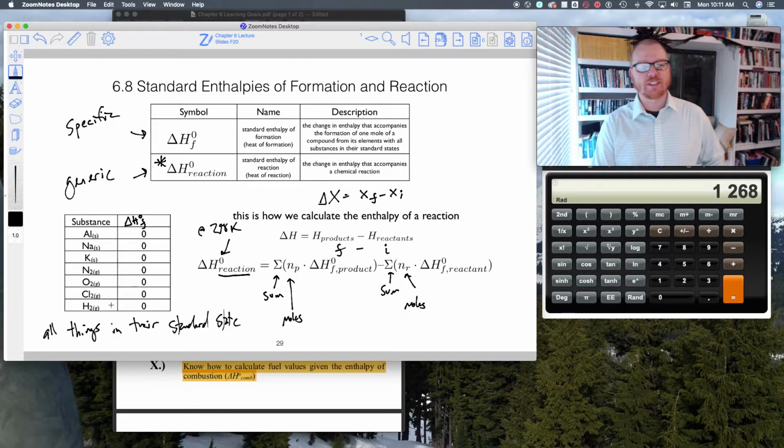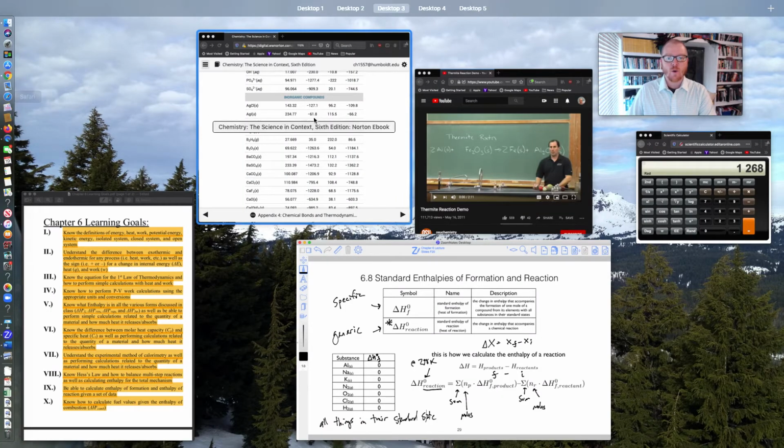Here are a few examples, such as aluminum metal, sodium metal, potassium metal, nitrogen gas, oxygen gas, chlorine gas, and hydrogen gas. Because this is at 298 K, whatever we expect that substance to be at 298 K is its standard state. If it exists in that standard state in a chemical reaction, we can automatically put 0 for its enthalpy of formation.